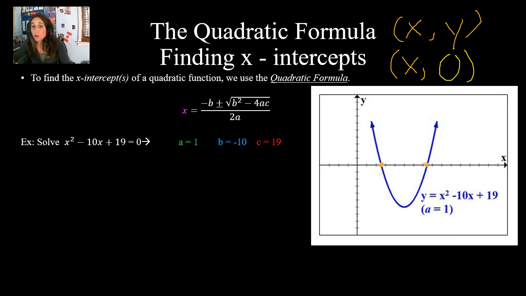So we're going to use the quadratic formula, and you'll see why in a second. We have this function, f of x equals x squared minus 10x plus 19, and we need to find the x-intercepts. In order to do that, we're saying that y equals 0, so we're setting this equal to 0.